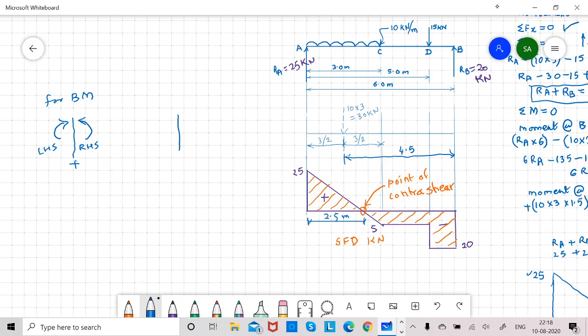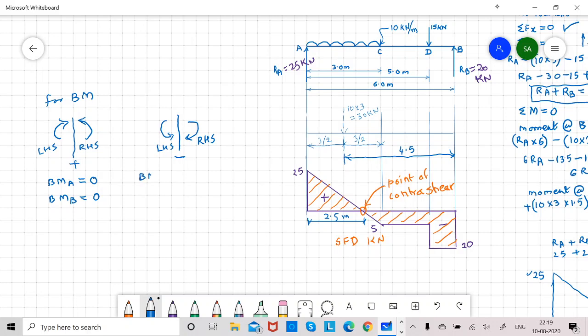Anti-clockwise moment on the left hand side and clockwise moment on the right hand side is negative. Now, bending moment at A, as it is a simple end support, is always 0. Bending moment at B is also 0, simple end support.